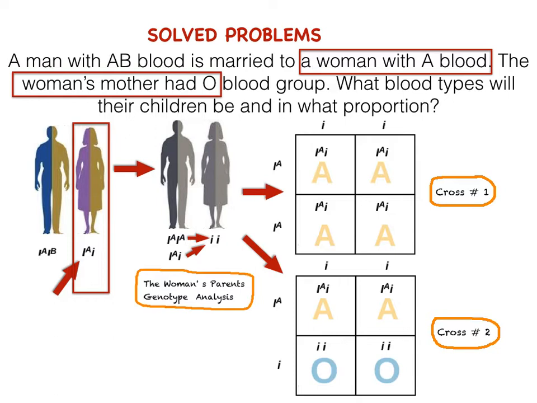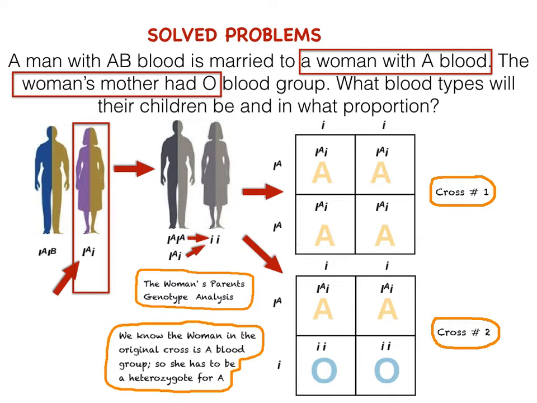But we know that this woman in the original cross, which is given in the problem, has an A blood type. So she has to be a heterozygote. There is no possibility that she will have a homozygote AA genotype because of her parents, because her mother has an O blood type.